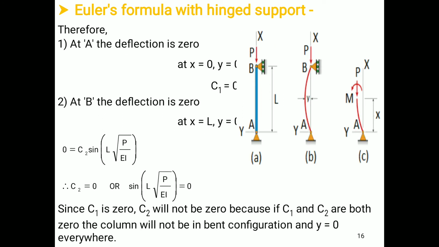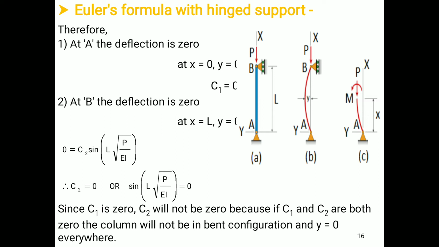Therefore at A the deflection is 0. If you observe the diagram carefully, at end A the deflection is 0. So we can say that at x = 0, because x starts along this direction, see here, this is x.